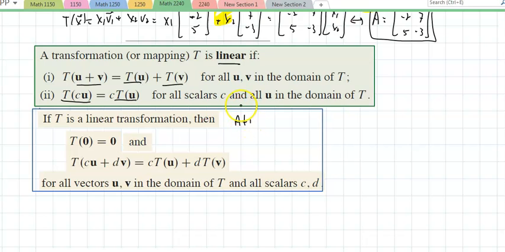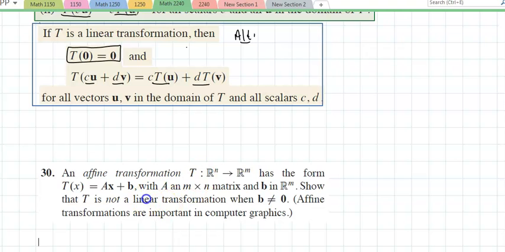Instead of doing that, you could actually use this. Show that T of 0 equals 0, and if you take cu plus dv, you get them to be independent. So that's T applied on the sum is the sum of T's.